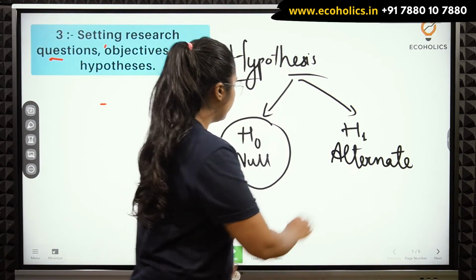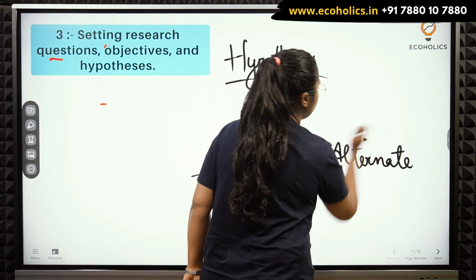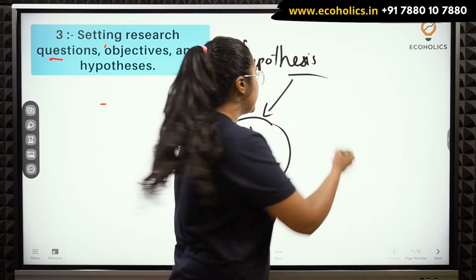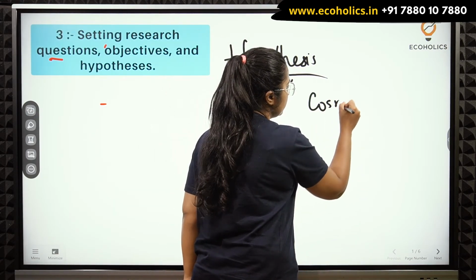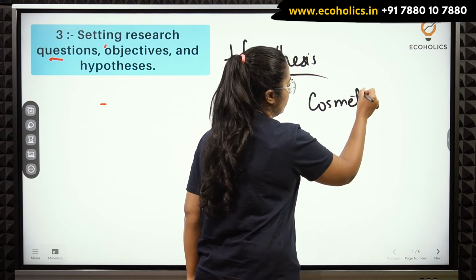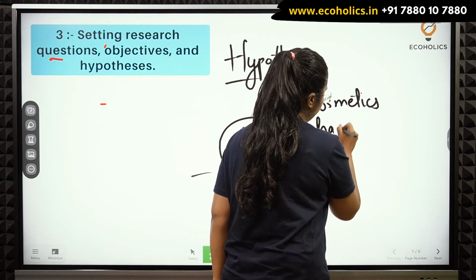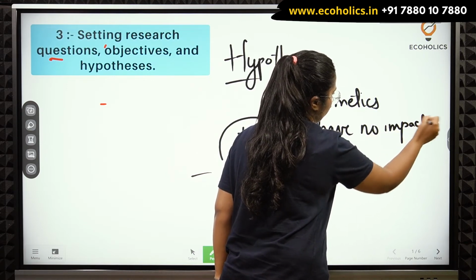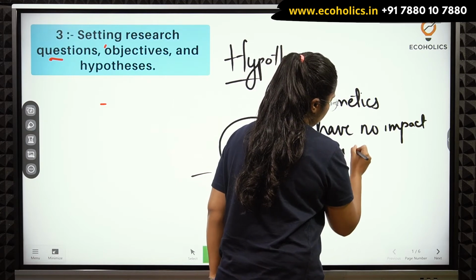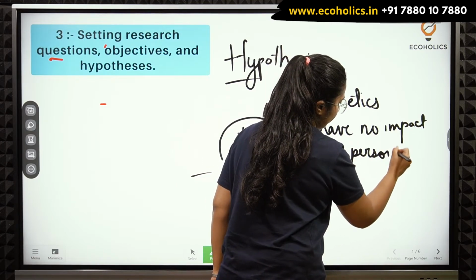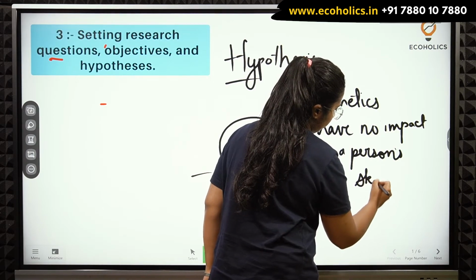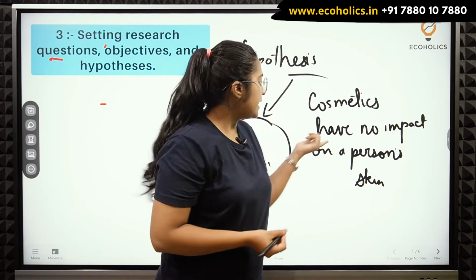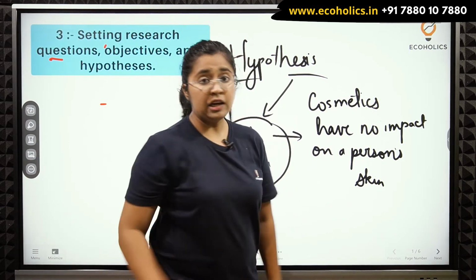So, when we focus on the null hypothesis, and as we were taking the example of cosmetics, if I say that cosmetics have no impact on a person's skin, then this can be known as a null hypothesis.